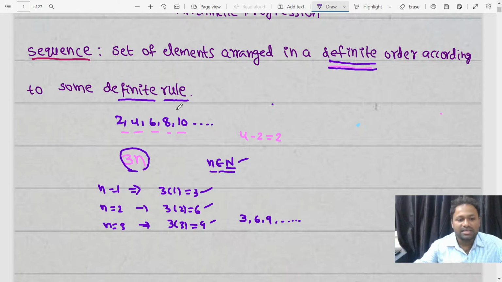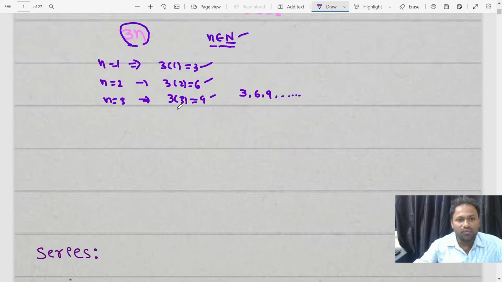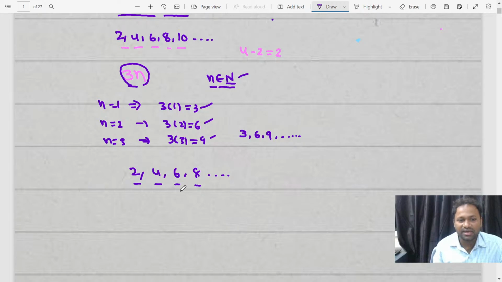Here we have written 2, 4, 6, 8 and so on. These are called terms. The first term we indicate with T1, the second term with T2, the third term T3, the fourth term T4, and so on.